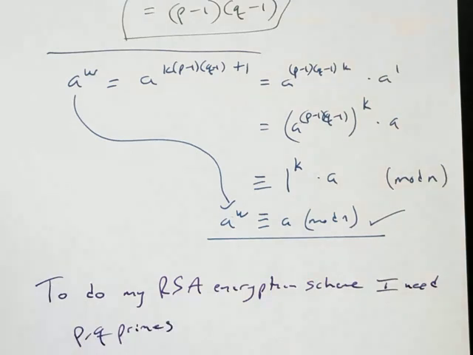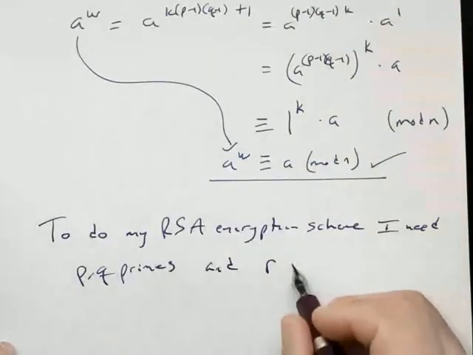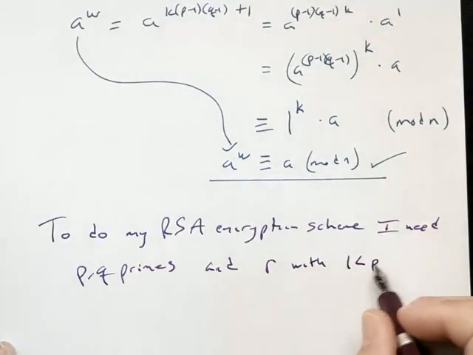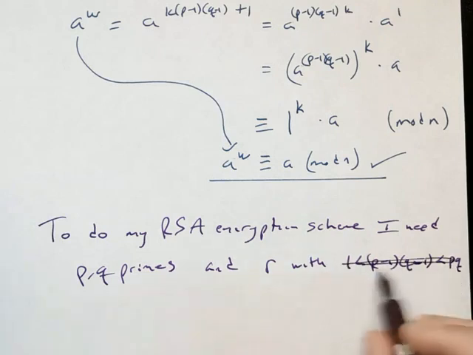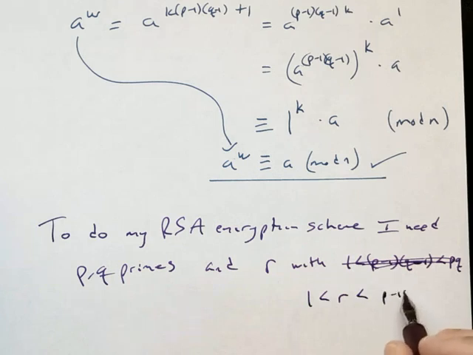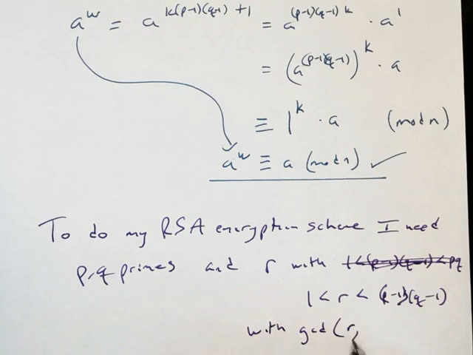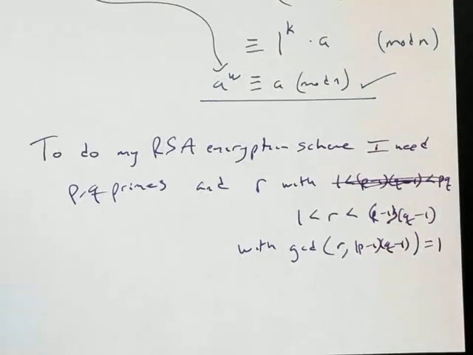And then I need a number in that range between 1 and p minus 1 times q minus 1 that is relatively prime. And I'm going to use r as my power.